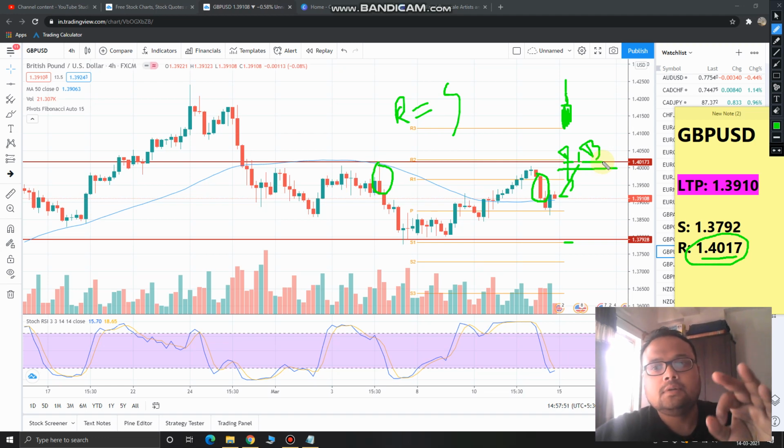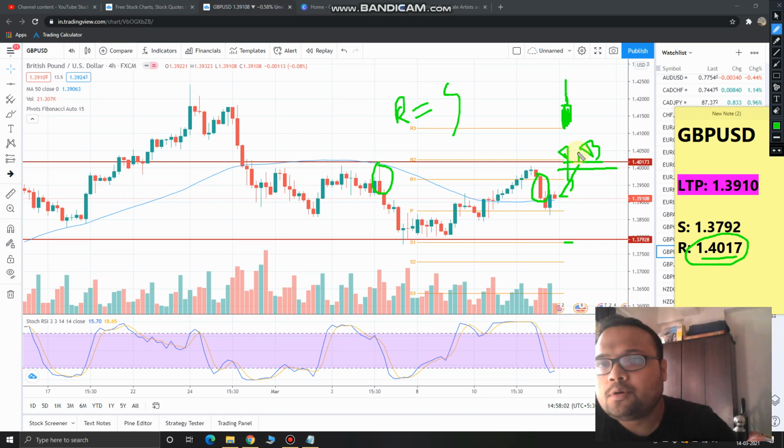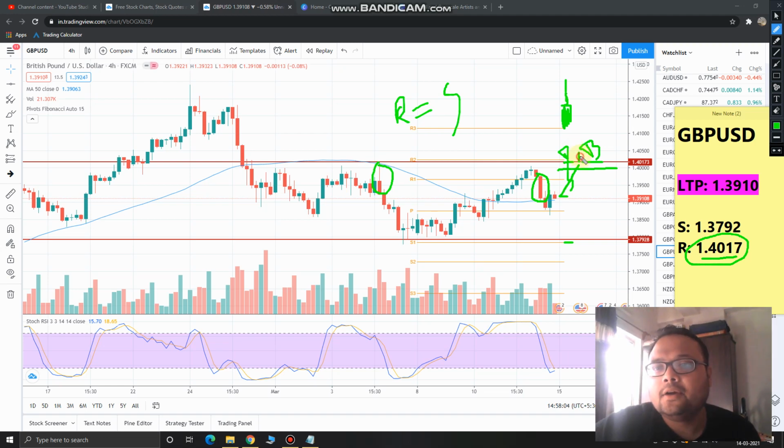So if market goes up and reverses from here, sell. In case market crosses this level and trades comfortably for 1 or 2 hours, and the resistance becomes the support, then easily you can go for a buy order here above this line.